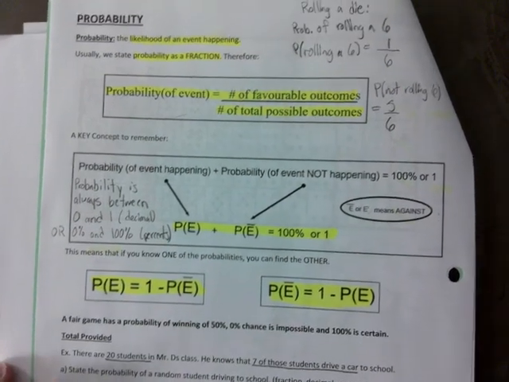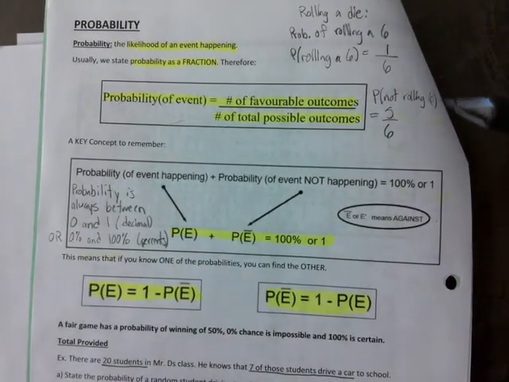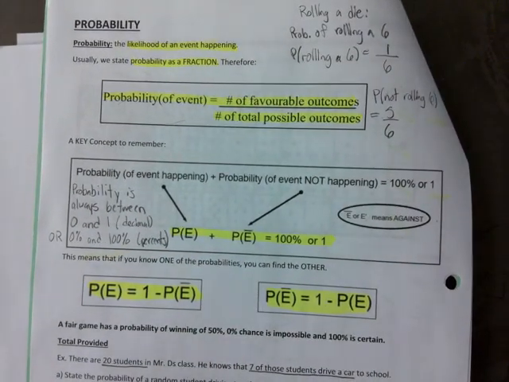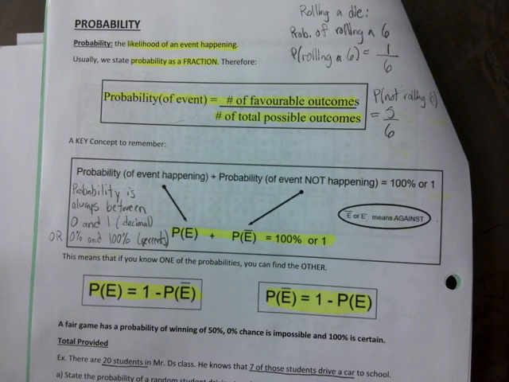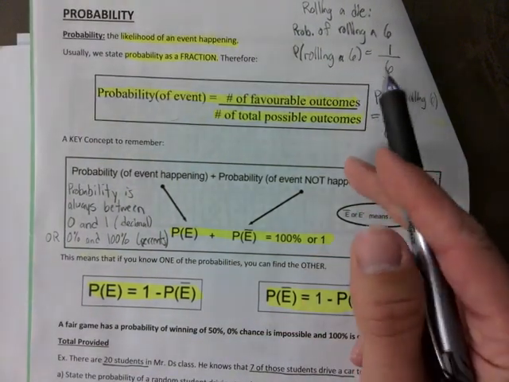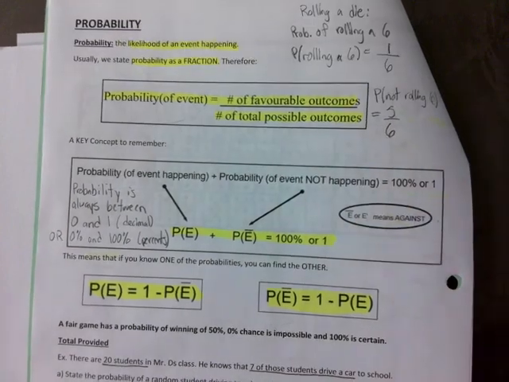So I did an example up here. We're rolling a dice and we want to know the probability of rolling a 6. How many ways are there to roll a 6 on a 6-sided dice? 1, so you'd have 1 on the top. And then how many possible outcomes of rolling a dice are there?